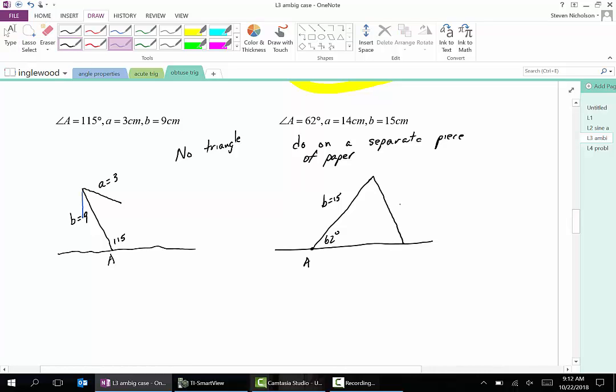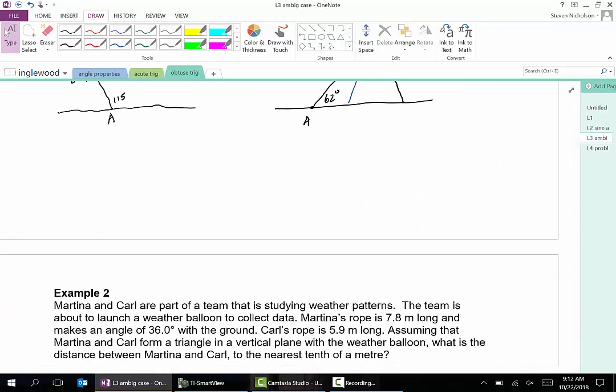You're going to get that triangle right there, and you're going to get this triangle right here. What you're going to get is two triangles. So again, you really need to physically do it so you actually believe something before you rely on your math to really see it.